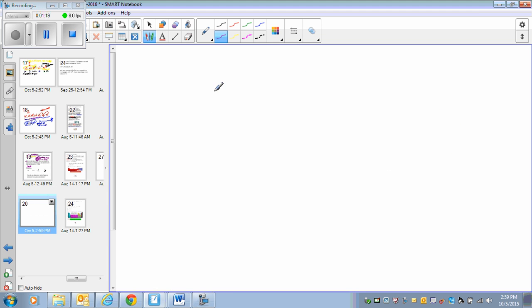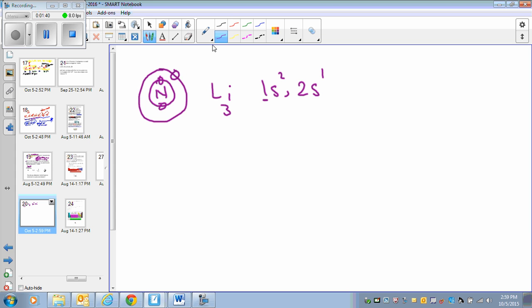So let's do the electronic configuration of lithium. 3 electrons, 1s2, 2s1. So how many valence electrons does it have? 1s2 means first energy level, and it has 2 electrons in it. And 2s1 means second energy level, and it has 1 electron in it.